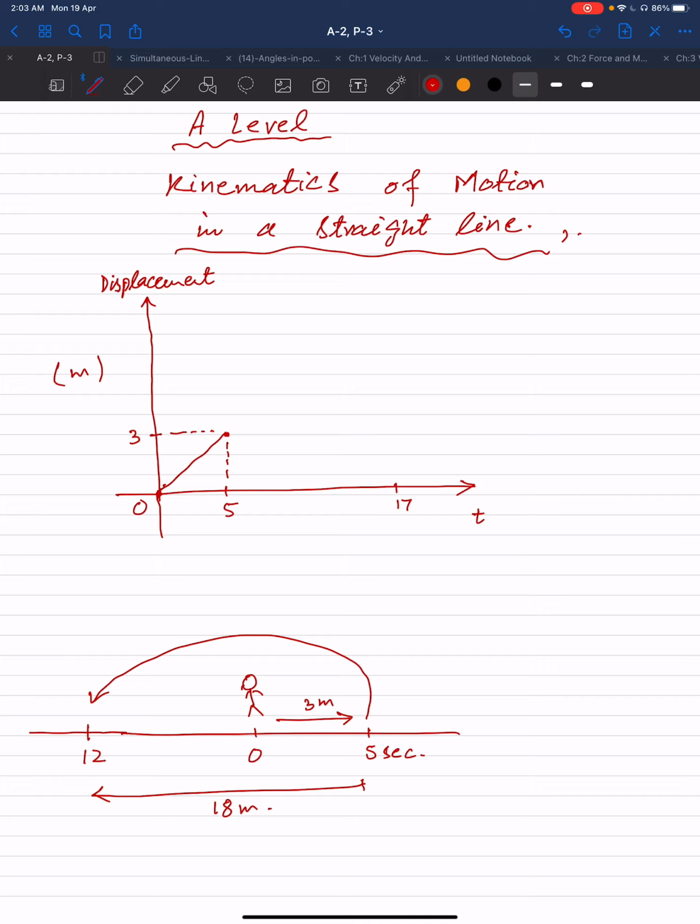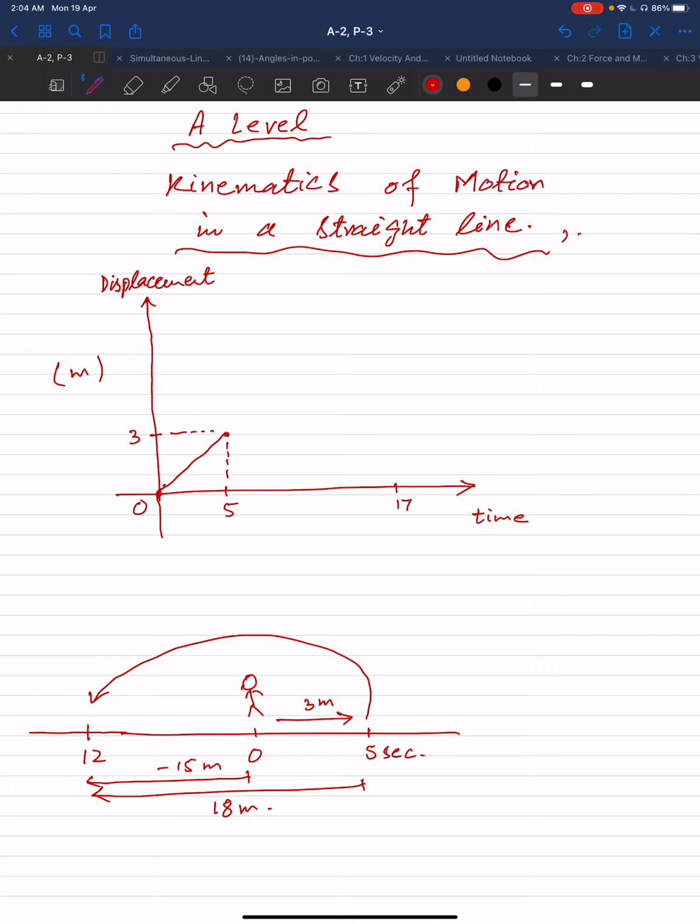This is time in seconds. So he is in this direction. He is at minus 15 meters, in the opposite direction.